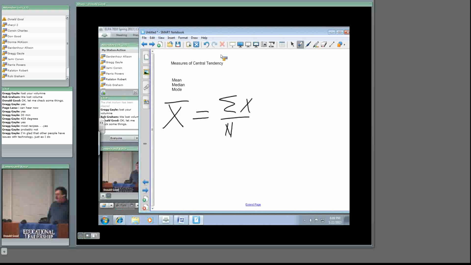Now let me make one more slight distinction here. A lot of times when we're making the distinction between population and sample, we'll let that be denoted by upper or lower case. For example, N is number in population.